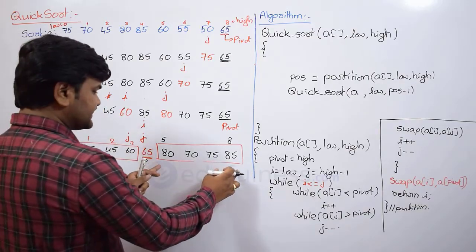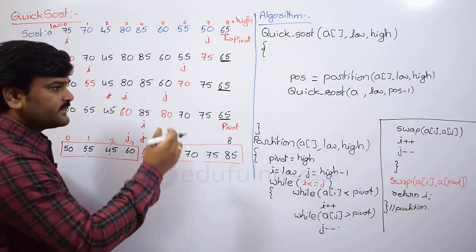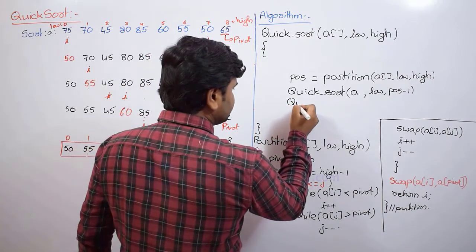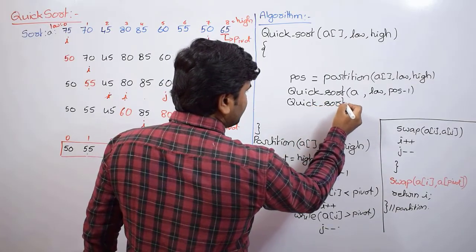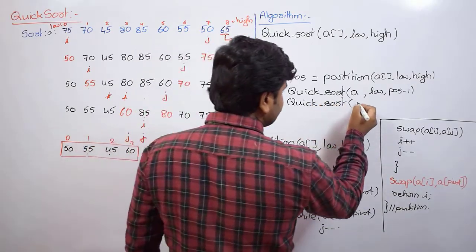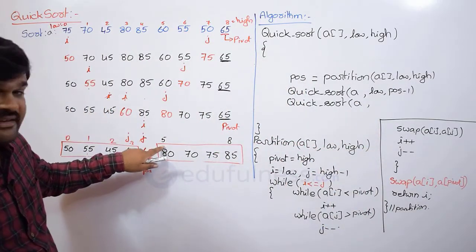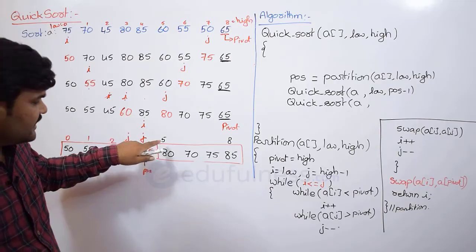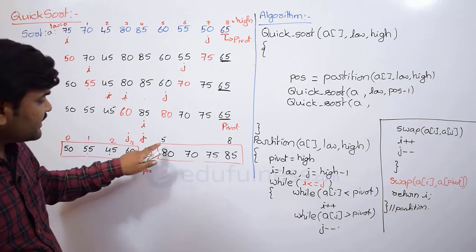To solve this subproblem, same thing here also. That means again I am calling the quicksort. Here also I am passing the array A, and very importantly, what is the lowest index? 5 actually here. So the lowest index is position plus 1.